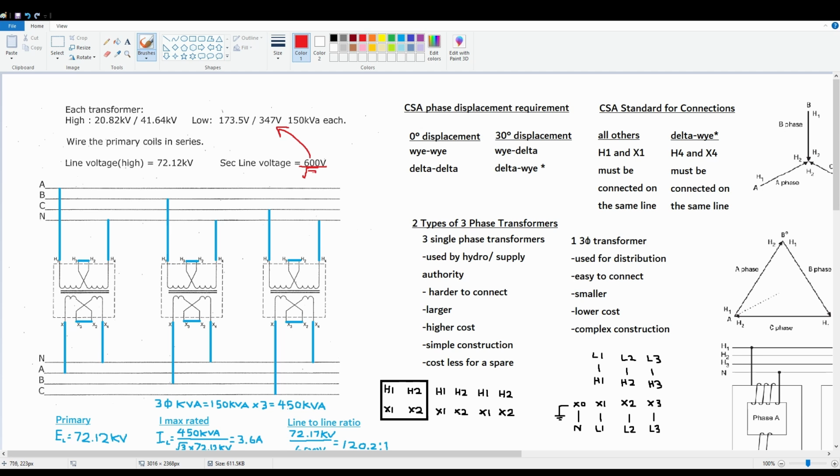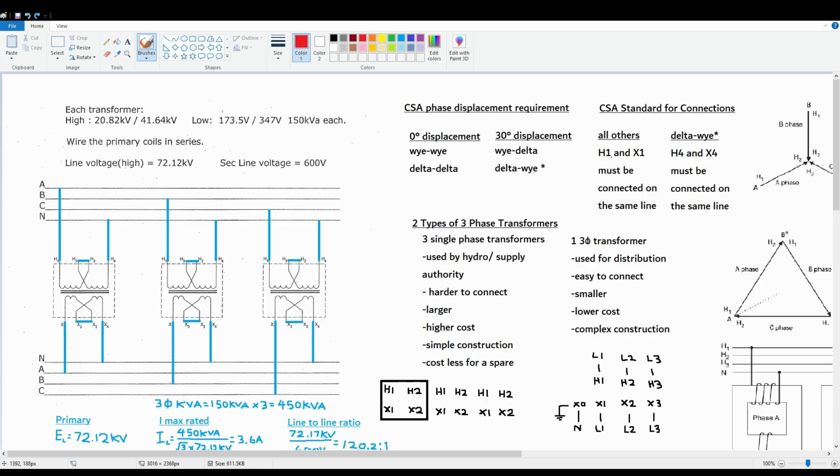So if we actually divide this by √3, if we did this in a Y connection, our phase voltage will be 347 because it's line voltage reduced by √3 and it gives us 347. And this is also the high voltage setting for the windings. So that means it'll have to be connected in series like I did here. It's connected in series as well. So that's how you connect it.